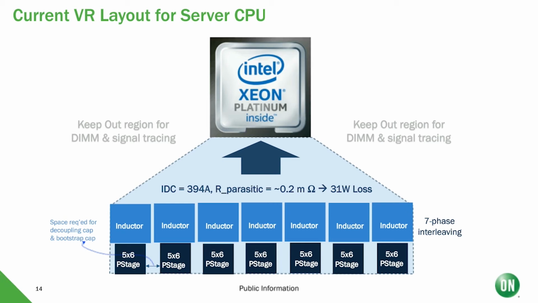At the maximum current of 394 amps, I2R would tell you that we have about 31 watts of loss just from the parasitic resistance. This is very significant. It poses a challenge for thermal design on the server. For customers, this is basically the extra power loss that's not needed at all.